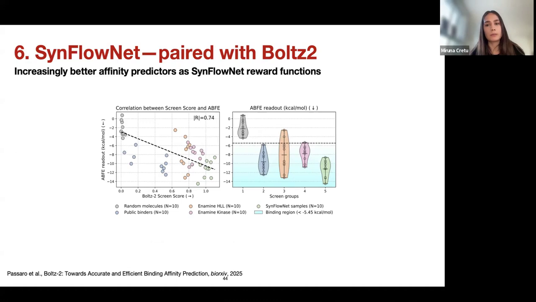So in this case, the Boltz team has tied SimpliNet with their affinity predictor in Boltz-2, and they compared SimpliNet to traditional virtual screening. And we see that SimpliNet designs achieve good values in terms of ab initio absolute binding free energy calculations.